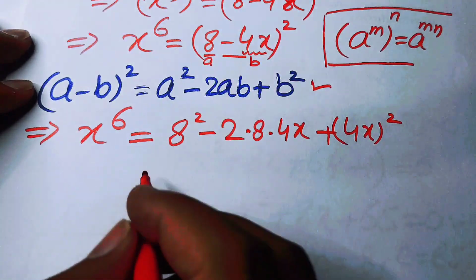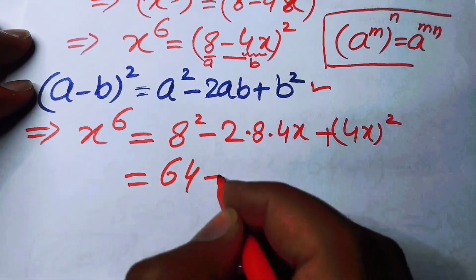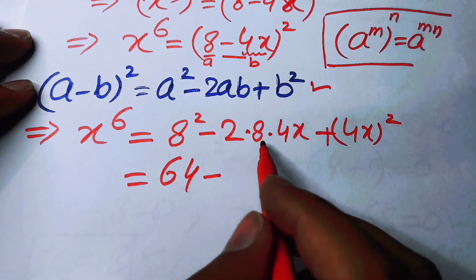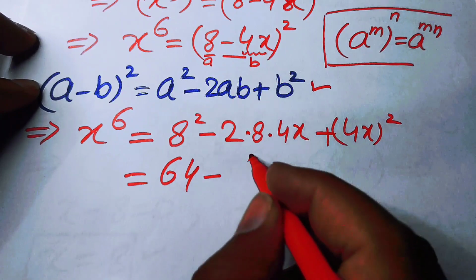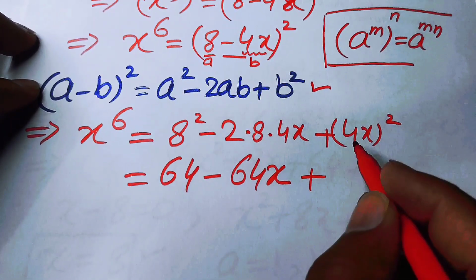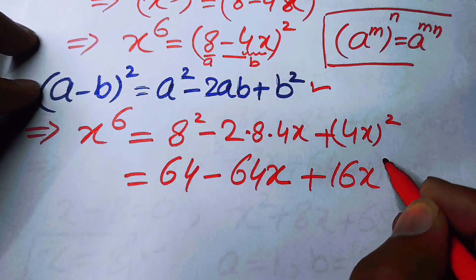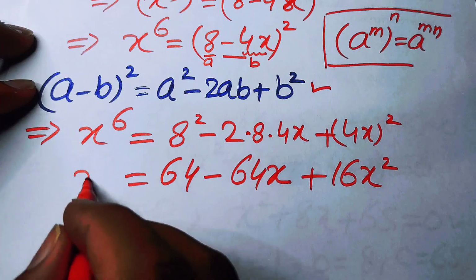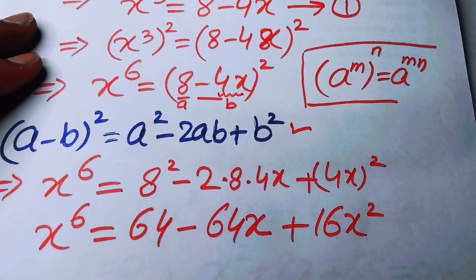Now we simplify the terms and we get 8 squared is 64 minus, and 2 times 8 is 16, and 16 times 4 is 64x, plus 16x squared.